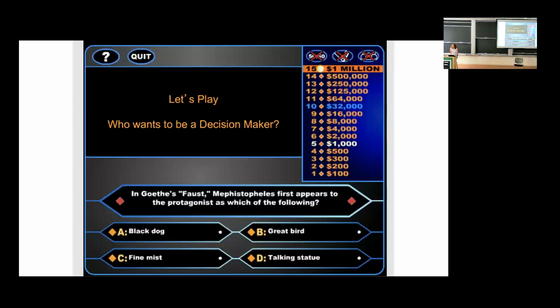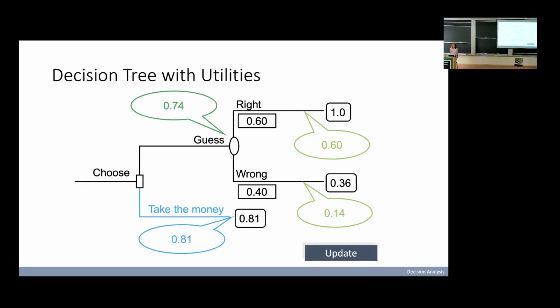So if we go back to the example now, we can change our tree. So we now no longer just talk about the monetary value, but actually the value or the utility that it gives us. If you get 32,000, we value that at 0.36.